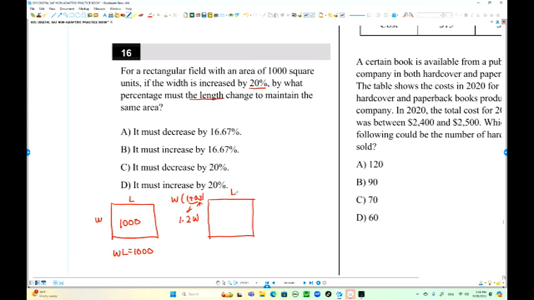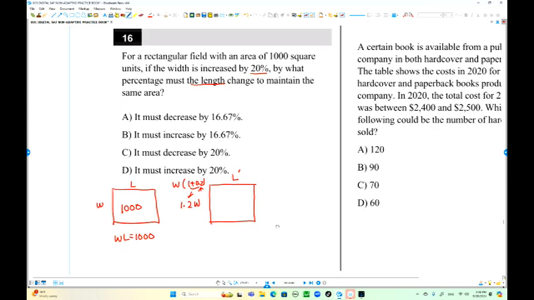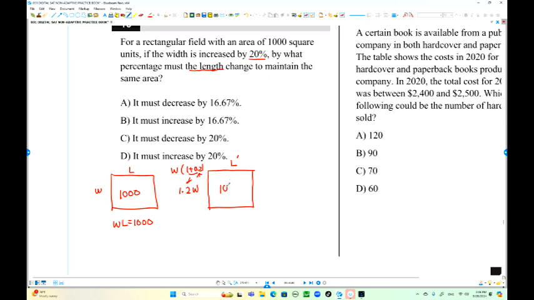I'm going to use L prime for the new length. It's going to be a little less than L, right? Still, they're going to have the same area. So what's the area over here? 1.2 W times L prime. That equals 1,000.